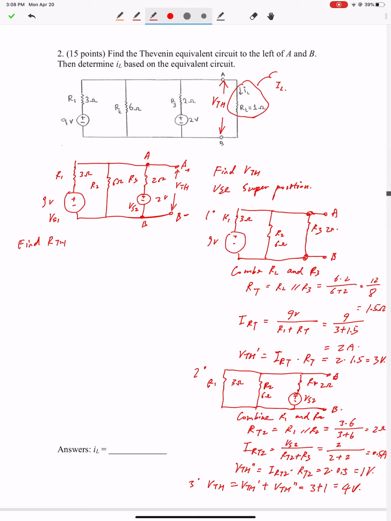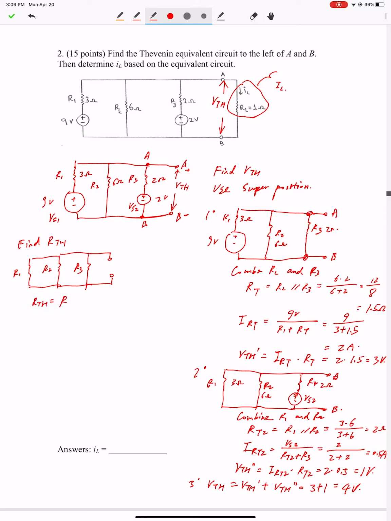And to find R Thevenin, we need to make all sources 0. There are 2 voltage sources in this question, so we need to replace them with a short circuit. And that's the circuit after we make all sources 0: R1, R2, and R3. As you can see, these 3 resistors are connected in a parallel connection.